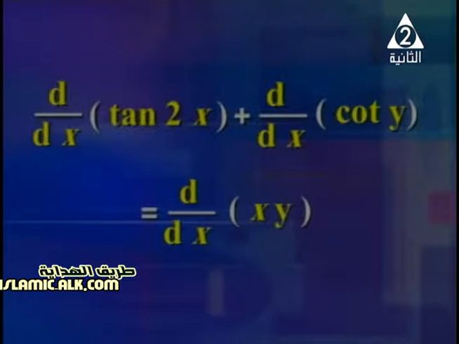We have two rules: left-hand side sum, right-hand side product. On the left-hand side we differentiate each term, but on the right-hand side we find d over dx of a product of two functions: first times derivative of second plus second times derivative of first.